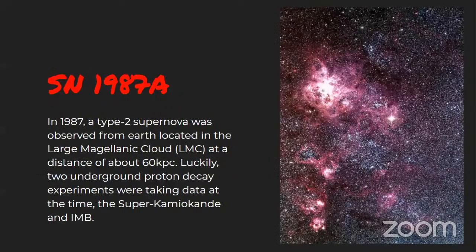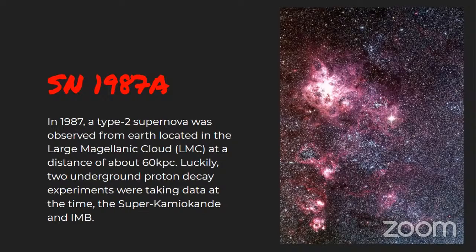Okay, so now I'll be telling about this specific supernova SN 1987A, and soon I'll tell you why it's special. In 1987, a Type II supernova was observed in the Large Magellanic Cloud, which is at a distance of 60 kiloparsecs. Luckily, at the time, there were two underground neutrino detectors that were taking data, the Kamiokande and IMB.